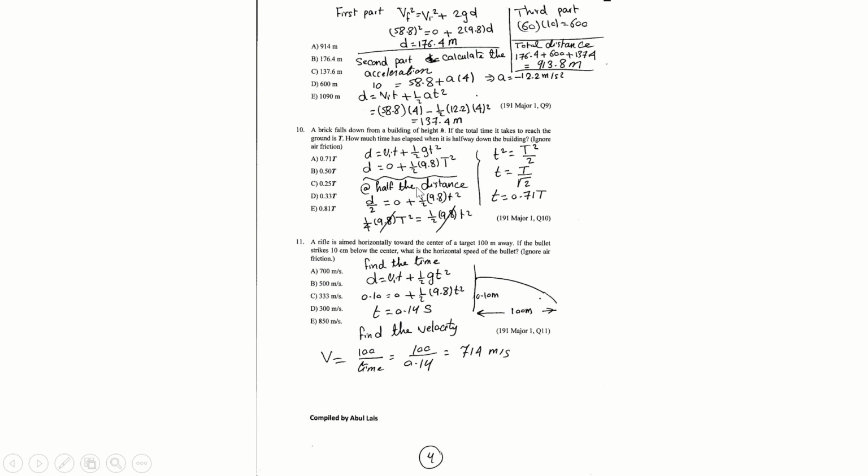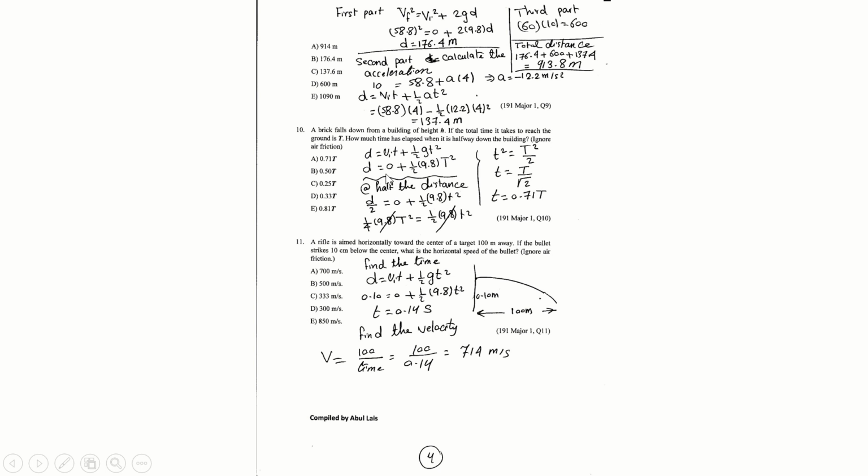So if I want to find how much time, the first thing I will try to find is the relation between the distance and the time. We'll use the equation of motion that says d equals v initial t plus half g t squared.